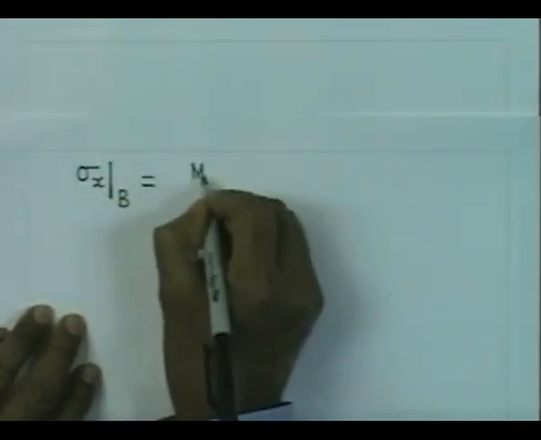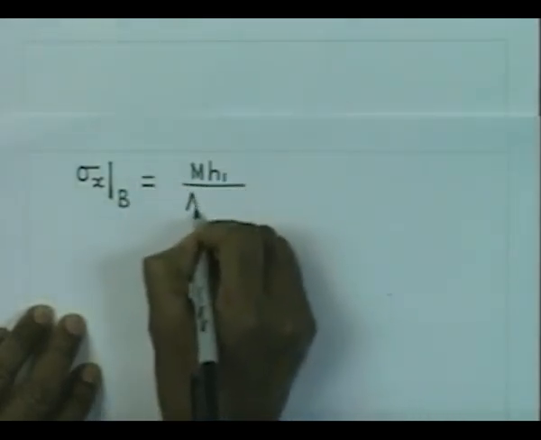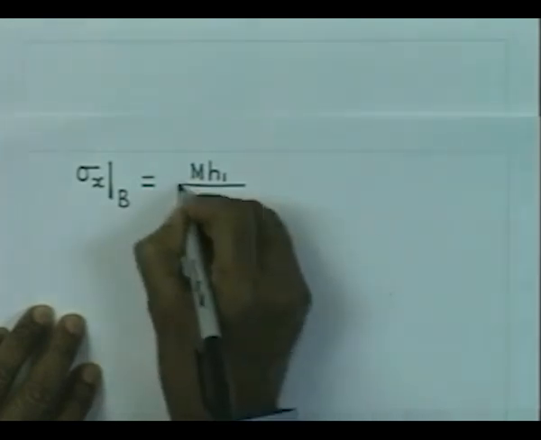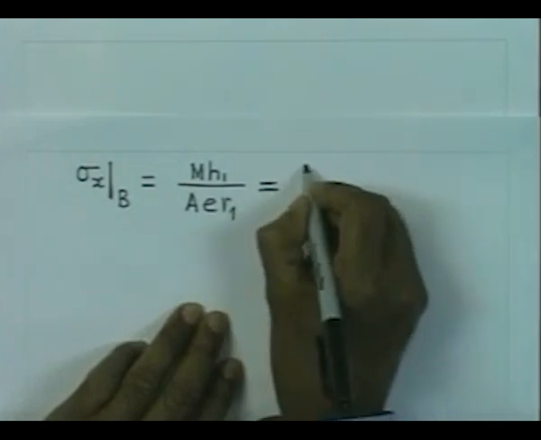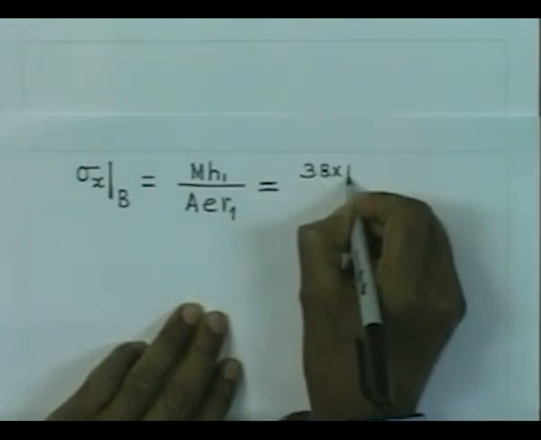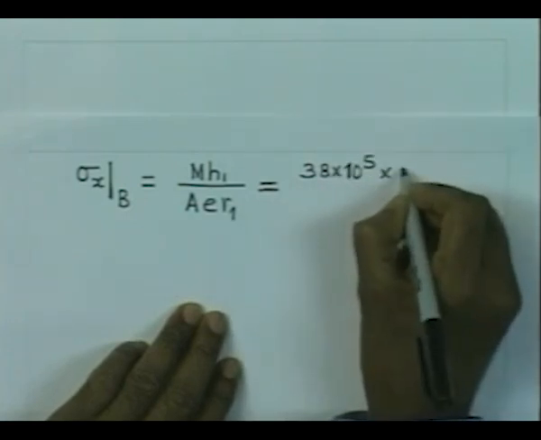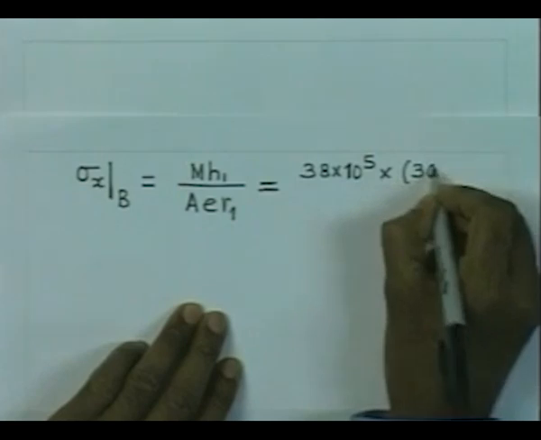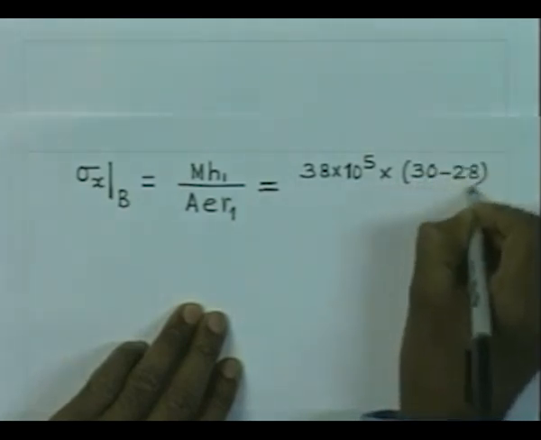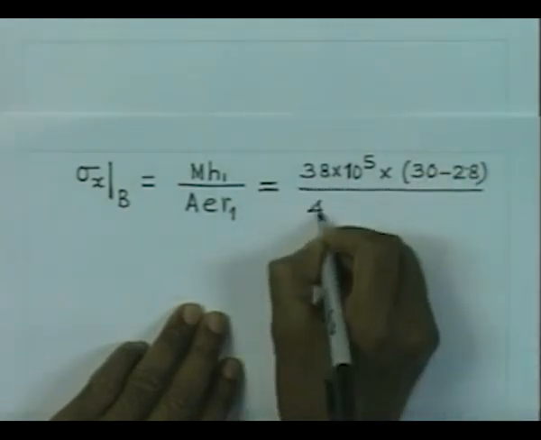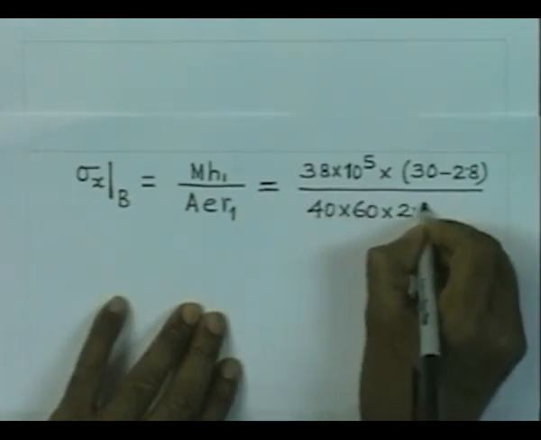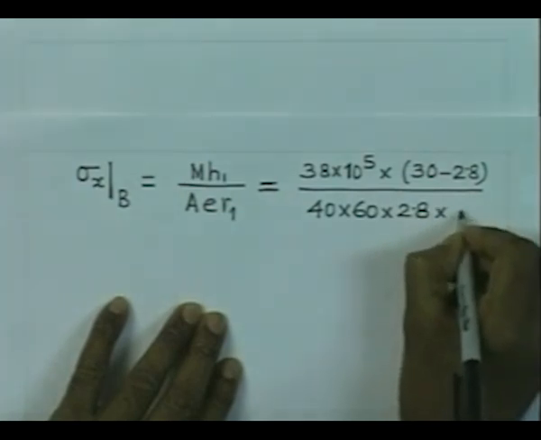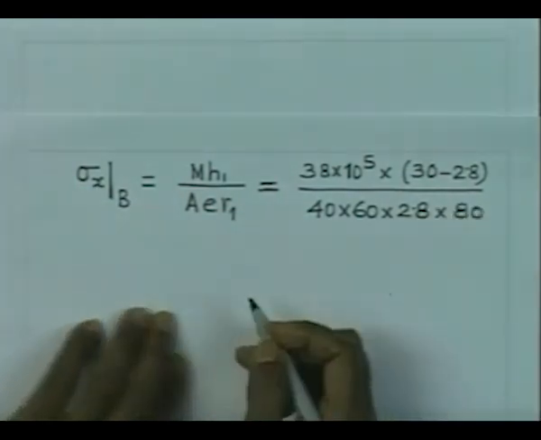So, it is M H1 divided by A E R1. Substituting the values now: 38 into 10 to the power 5, H1 is 30 minus 2.8, the area is 40 into 60, the eccentricity is 2.8, and R1 is 80.